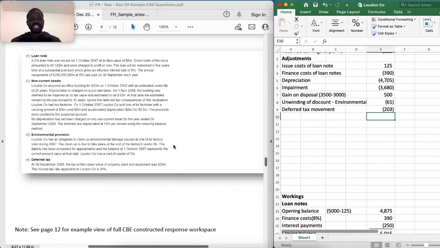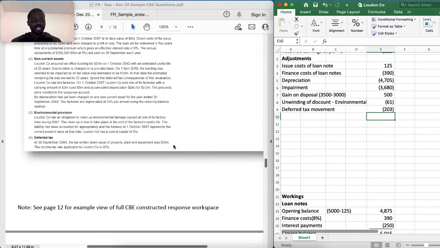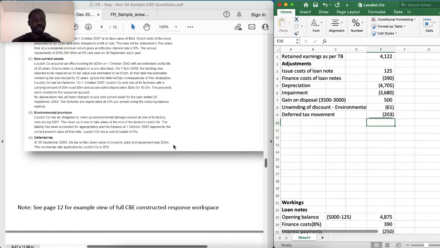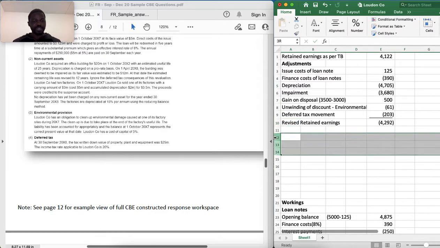Now we have adjusted all the notes. Then we need now to find our revised retained earnings. We have now our figure for the revised retained earnings, like that. We have answered that question.